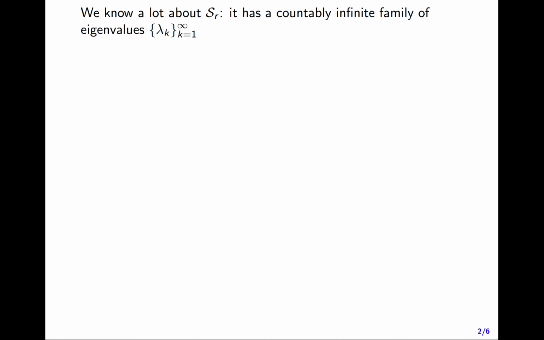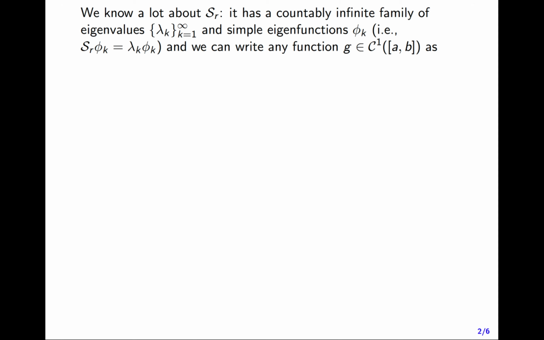We know a lot about this operator S_r. It has a countably infinite family of eigenvalues, lambda k. It has simple eigenfunctions phi k, which is to say that S_r on phi k equals lambda k times phi k. And we know we can write any function g that's continuously differentiable on the interval a to b as a sum of these eigenfunctions.